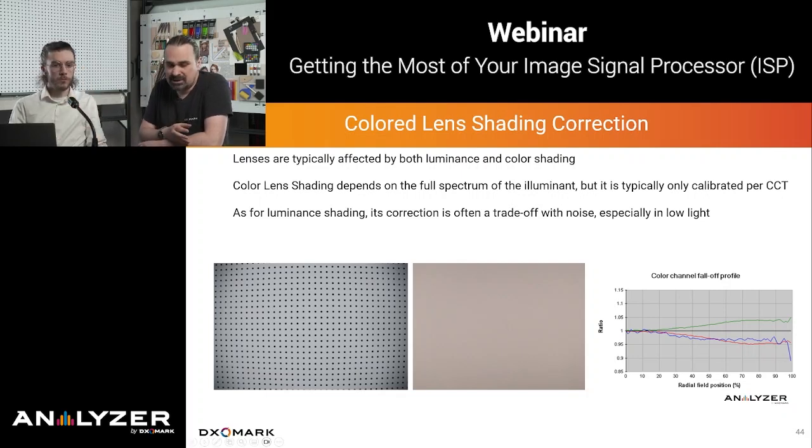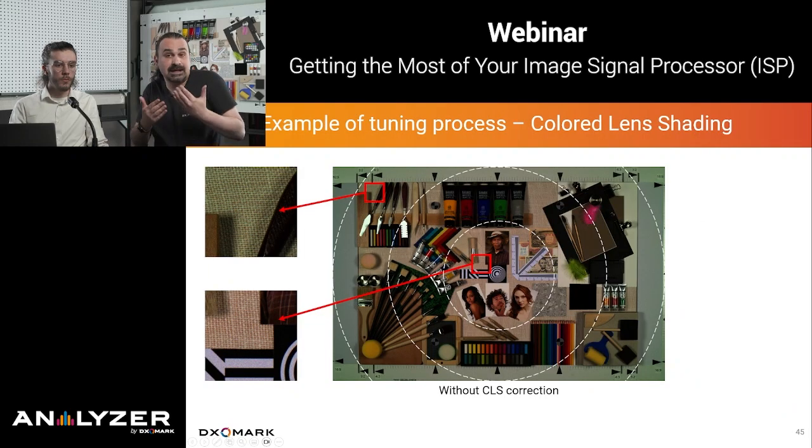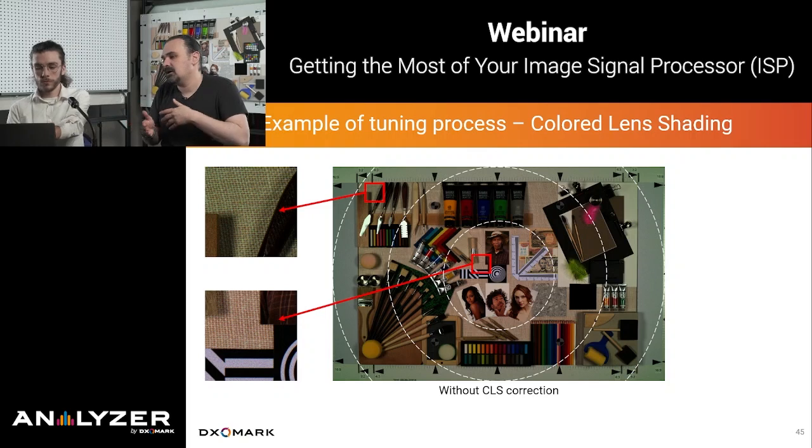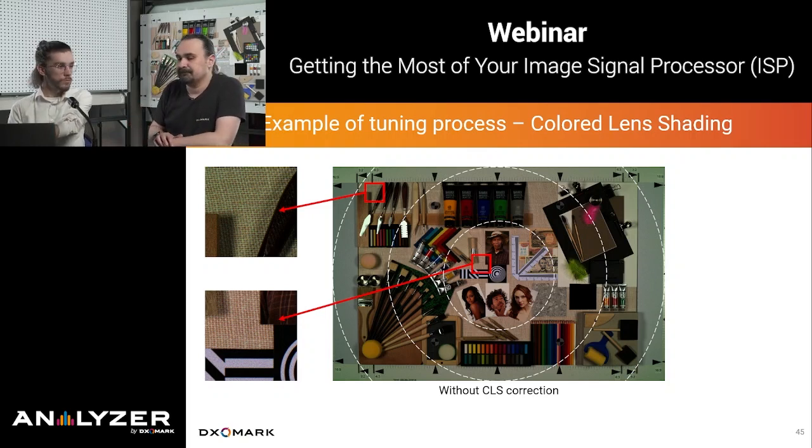But the same way we measure vignetting, by looking at how much light you have in the center with respect to the corners on the dot chart, we can do it channel by channel, and this will tell us the 3 roll-offs per channel. Then again, depending on your pipeline, maybe you have 3 different curves you put in for red, green, and blue, or you have one block that corrects vignetting, so the Luma channel, and another one that corrects CLS, colored lens shading, maybe also in another color space.